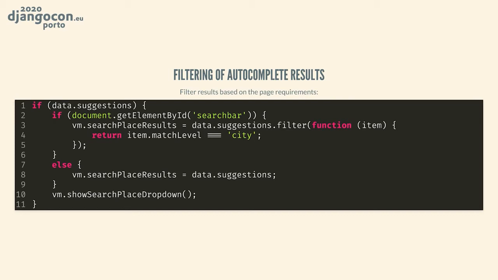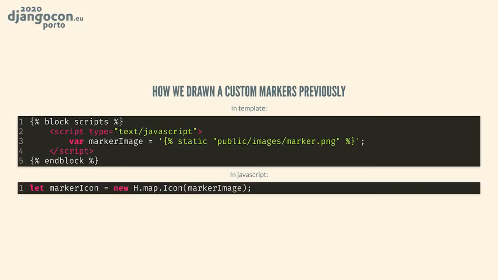Now we are talking about how we draw and use markers. As you know, Google Maps as well as Here Maps allow you to use custom images for the markers. So the simplest thing we could do for the start was to use the same image for the icon that we used previously with Google Maps.